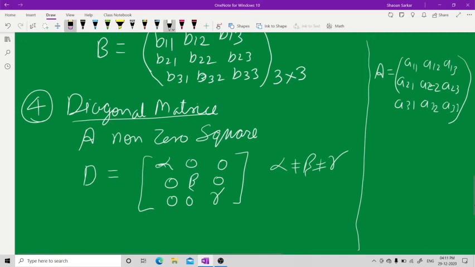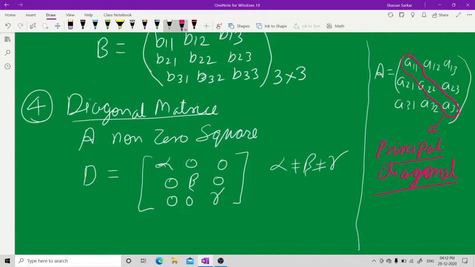Let me write it again, a little more clearly. Let me change the color and tell you what the diagonal is. This portion is the diagonal. This is called the principal diagonal. Got the point? I hope so.